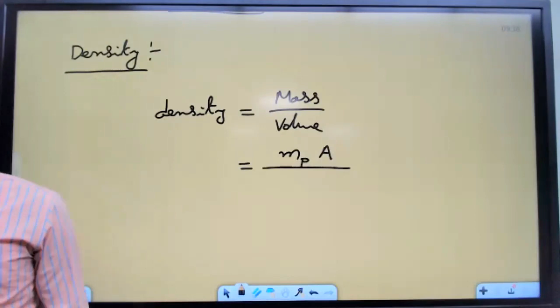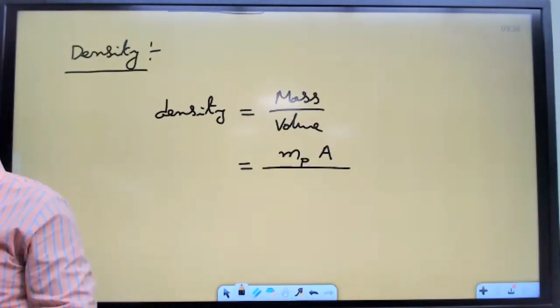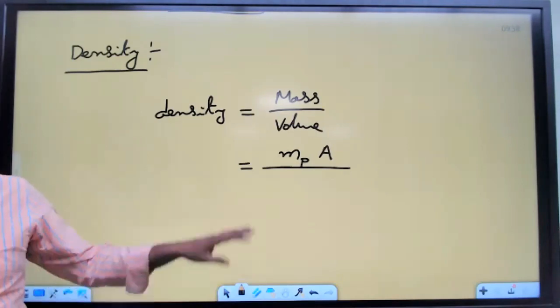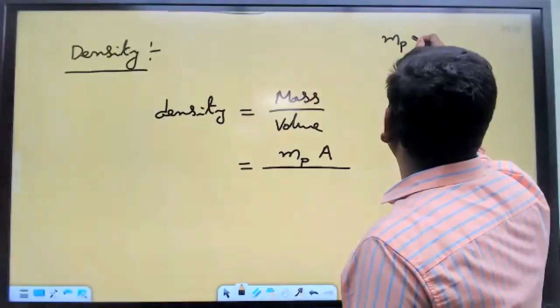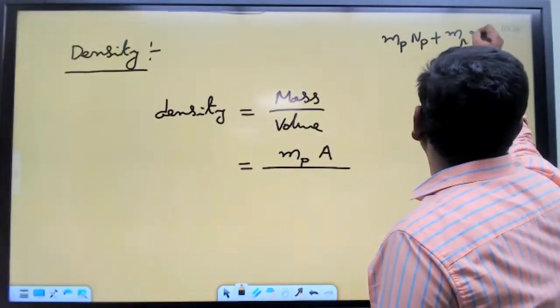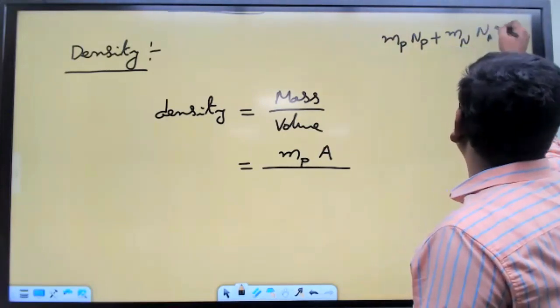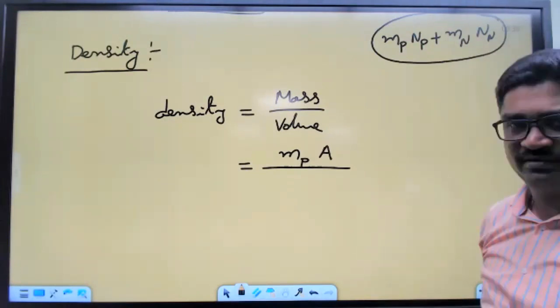If we assume neutron mass and proton mass are the same, then the total mass of the nucleus can be written as mass of the proton into number of protons plus mass of the neutron into number of neutrons. So this is the total mass of the nuclei.